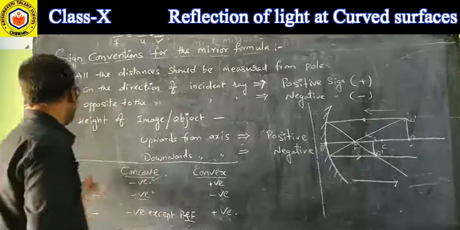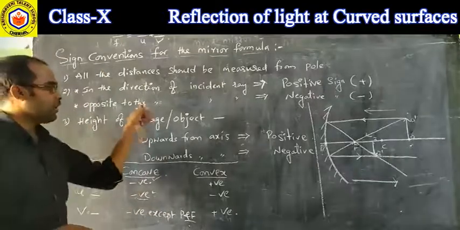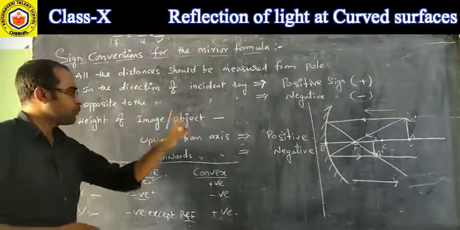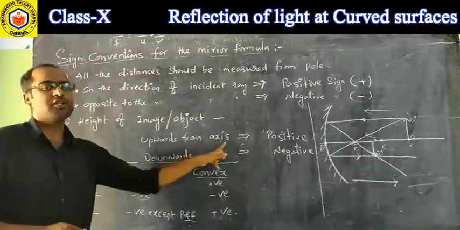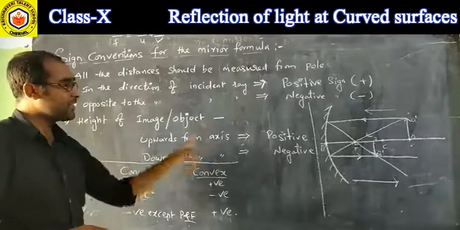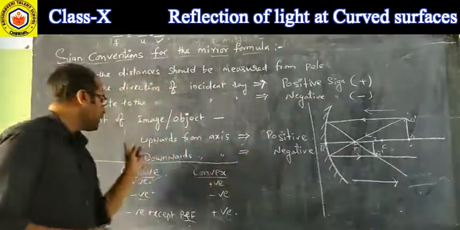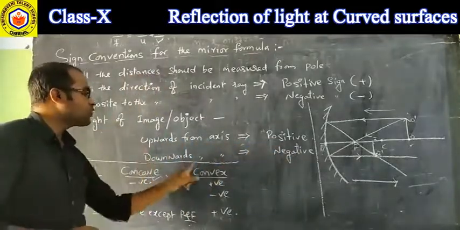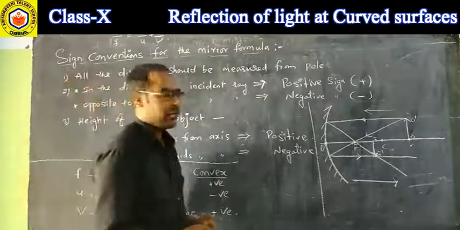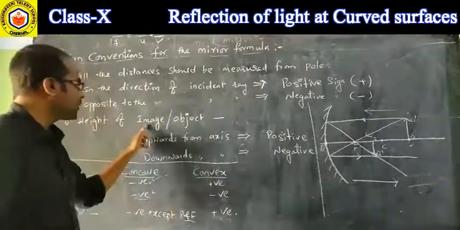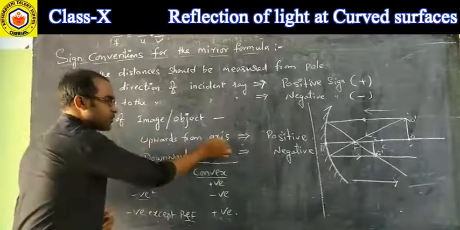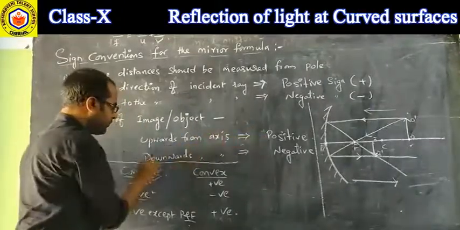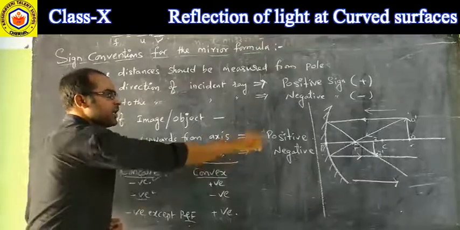Let us take height of the image or object to be positive if we measure upwards from the principal axis, and negative if we measure downwards from the principal axis, right? If we measure upwards from the principal axis, positive. If we measure downwards from the principal axis, negative.